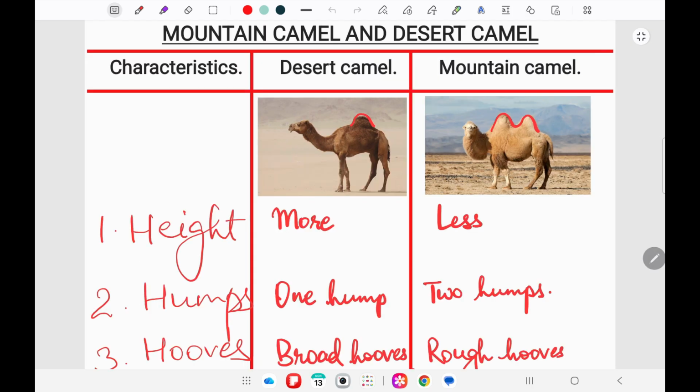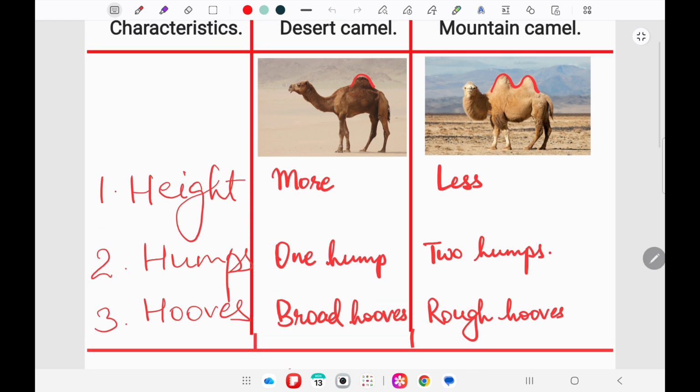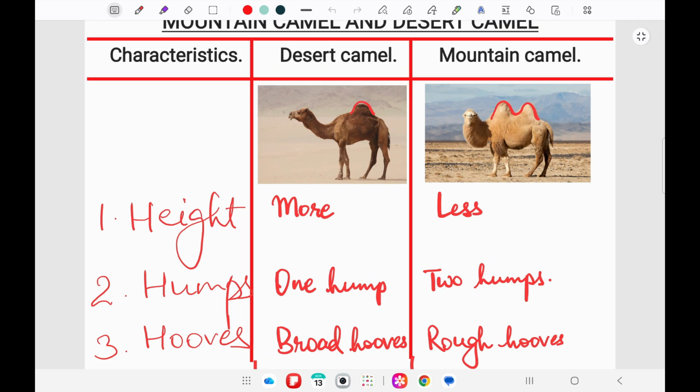We also studied the mountain camel and the desert camel, how they adapt differently to different habitats. The characteristics based on which we differentiate the camel of the mountain and that of the desert are as follows. The first is the height. The desert camels are taller and the mountain camels are shorter than the desert camels.